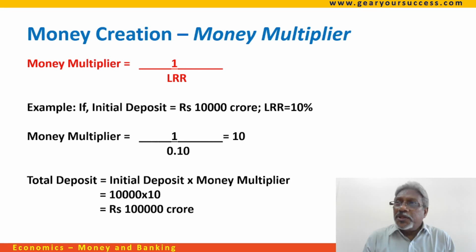So what will be the total deposit or money created by commercial banks? The money multiplier is equal to 1 divided by 10%. The 10% is 0.10, so 1 divided by 0.10 is equal to 10.